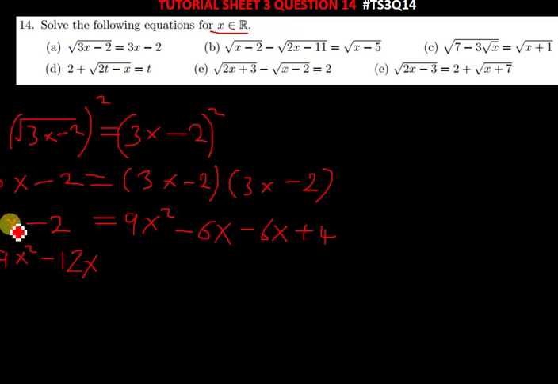Then when this 3x comes to this side, it will also be minus 3x, and then you have negative 2. When you add it with that 4, it's going to be positive 6. When you bring this negative 2 to the other side of the equal sign, it's going to be positive 6. So this is going to be equal to 0.